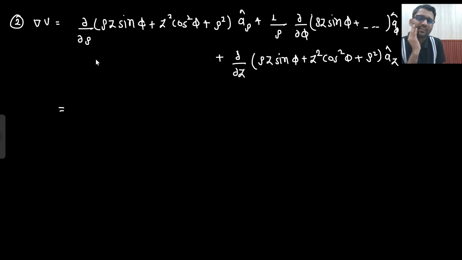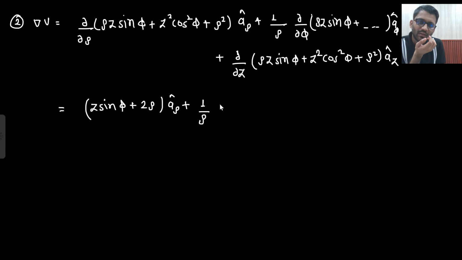So now we need to differentiate this. With respect to rho we will differentiate. So z sin phi will come common. Here there is no term of rho, so this will be 0. Here this differentiation will be 2 rho, a rho cap, plus 1 by rho is outward.